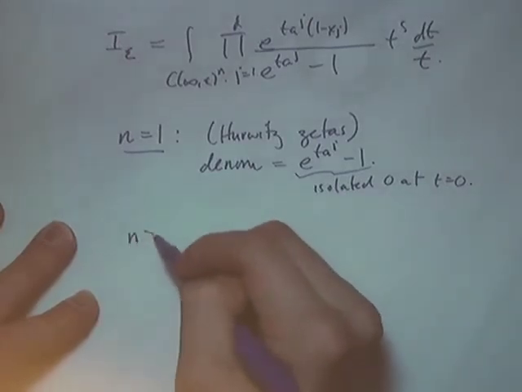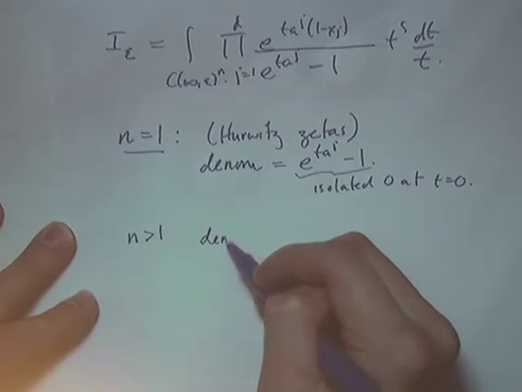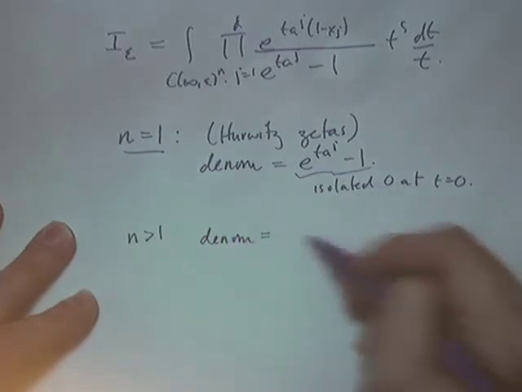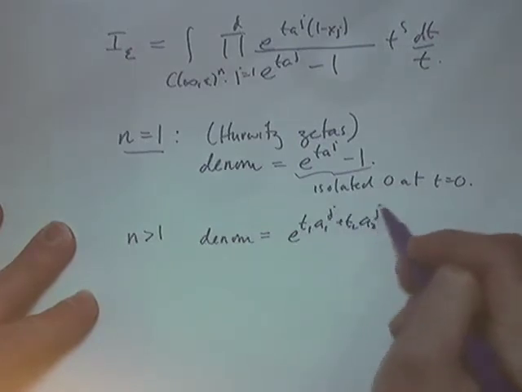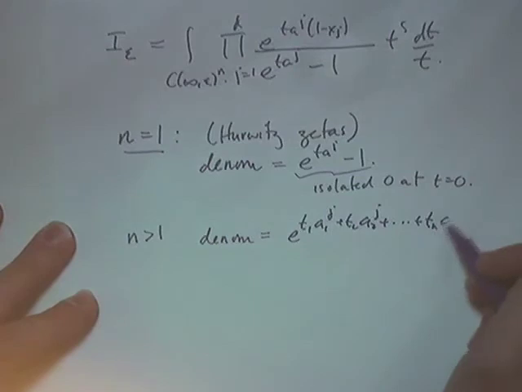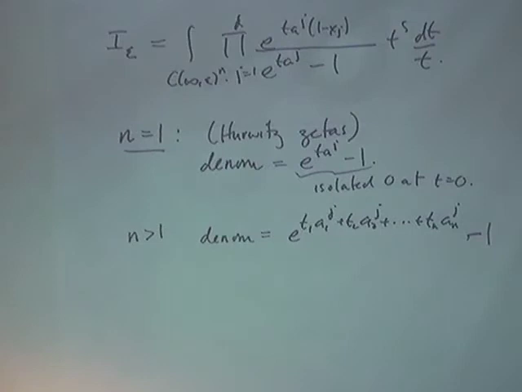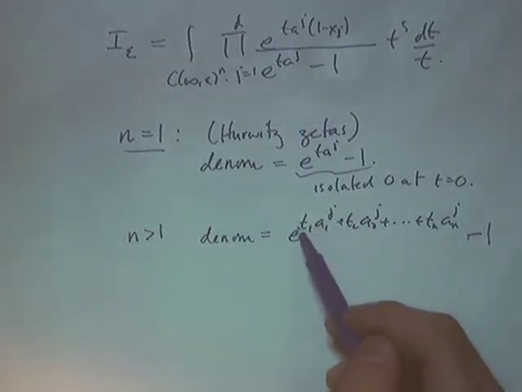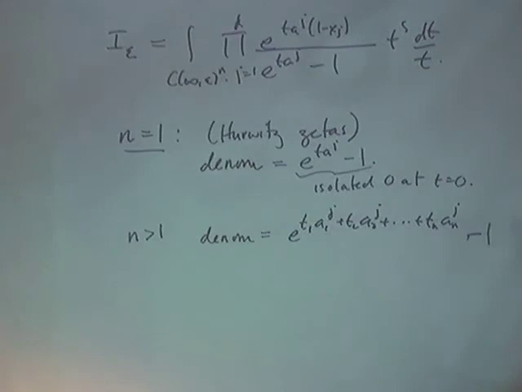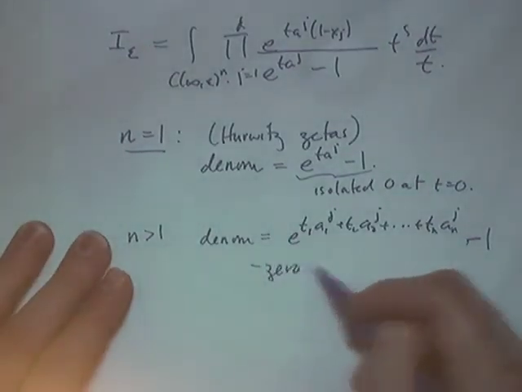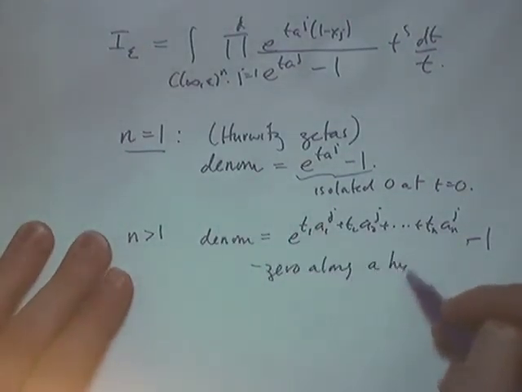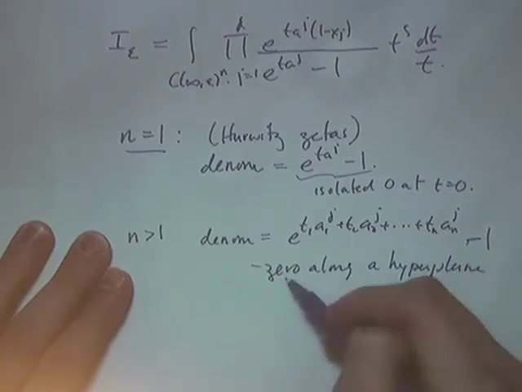But in the case where n is bigger than 1, the denominator, let me write it out longhand, is e to the t1 a1j plus t2 a2j plus dot dot dot plus tn anj minus 1. And now this can be 0. This is 0 along the whole kernel of the linear transformation dot producting with the jth column of A. Right? So this is 0 along a hyperplane through the origin.